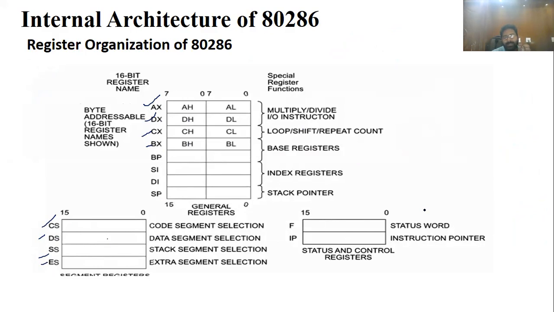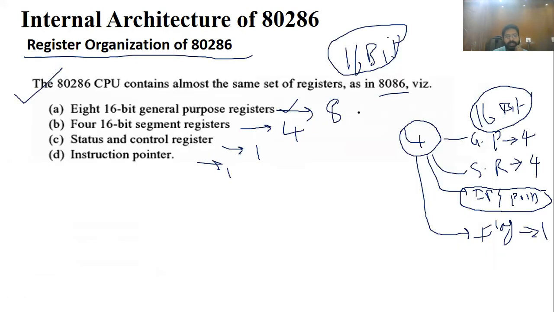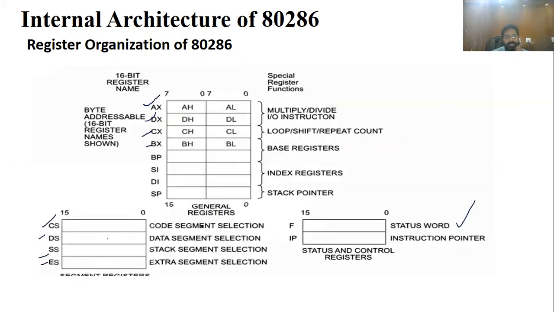The other type of register introduced here is the index and pointer registers, which are also considered general purpose registers here. Base pointer, source index, destination index, and stack pointer are also considered general purpose registers.